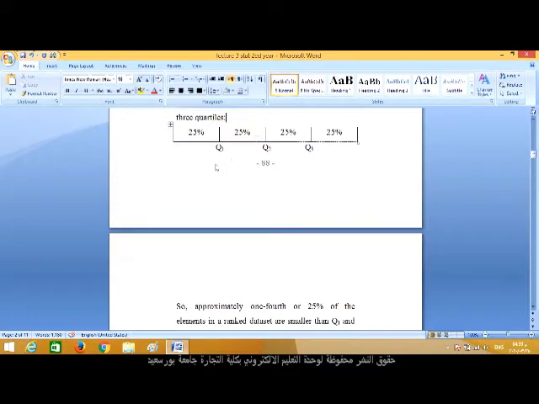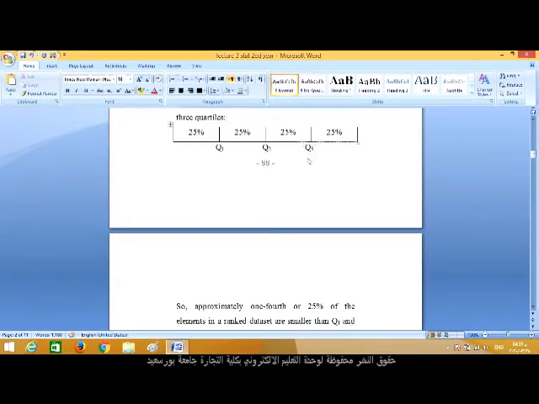So you can say that Q1 is the middle of the data which are smaller than Q2. Again, Q1 is the middle value of the data which are smaller than Q2, or smaller than the median.